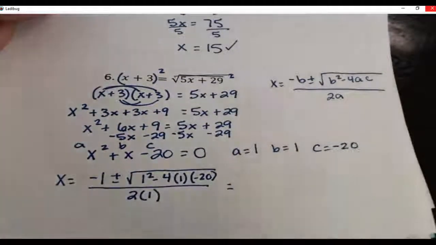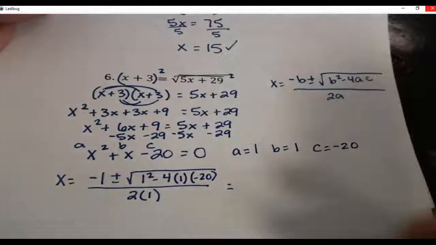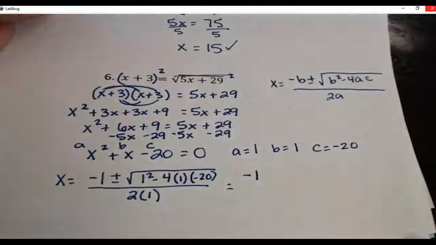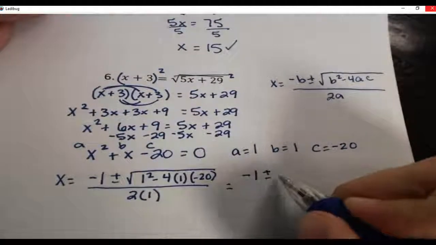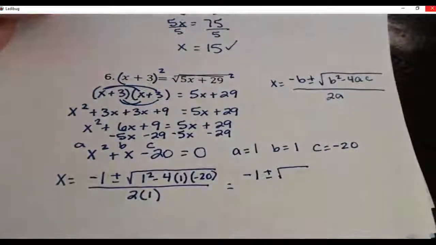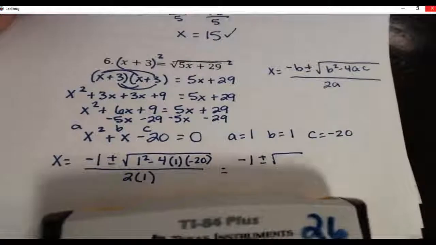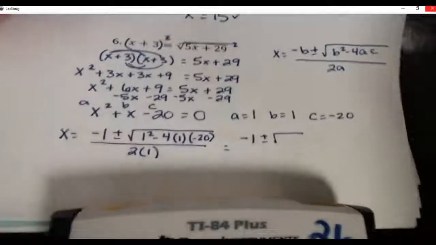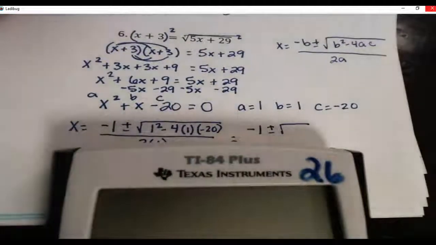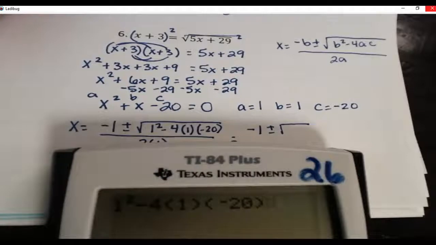Then, remember, we simplify each little piece. So we have negative 1, that doesn't change. But then we need to know what's under that square root. So you type just what's underneath, not the whole thing. So 1 squared minus 4 times 1 times negative 20.